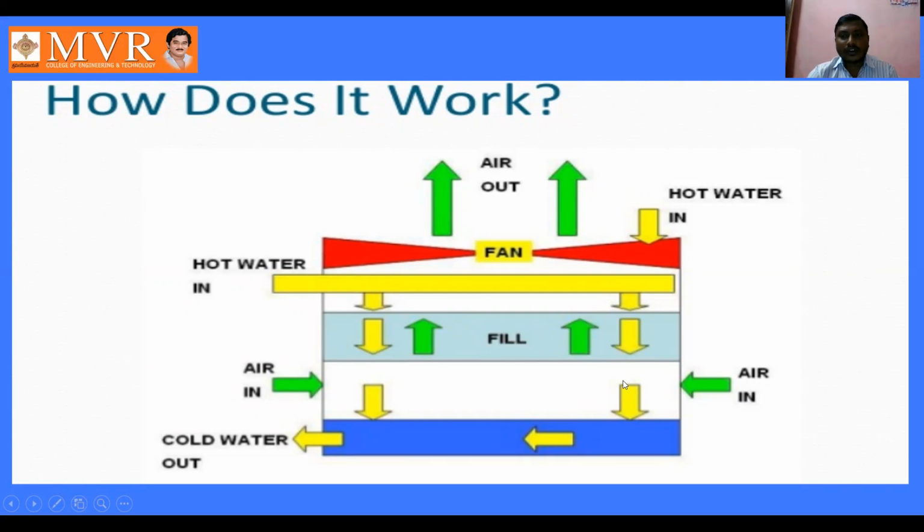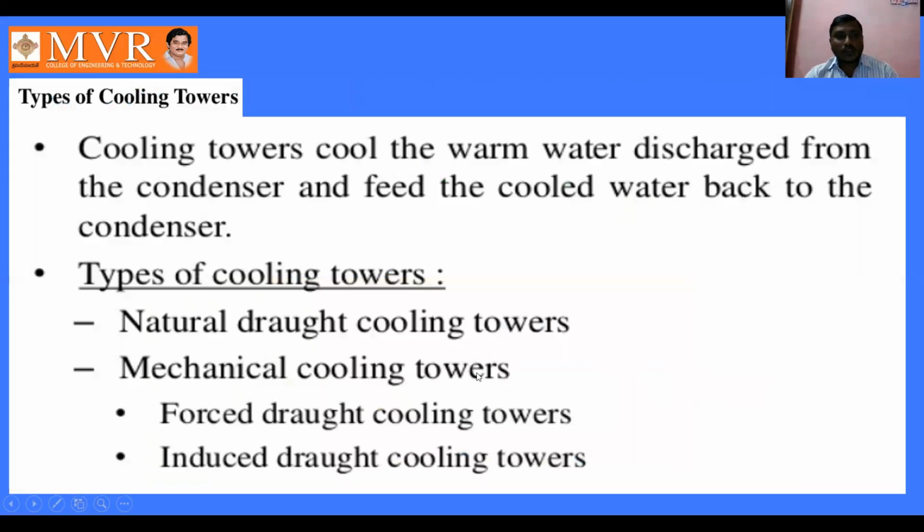The air entering the cooling tower takes away the heat from the water and rejects it to the atmosphere. After the heat is taken away from the water, the cooled water enters the condenser again. This is the working principle of the cooling tower.